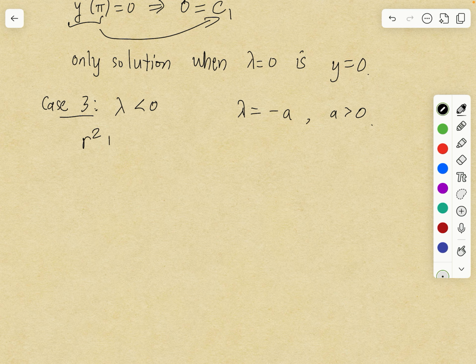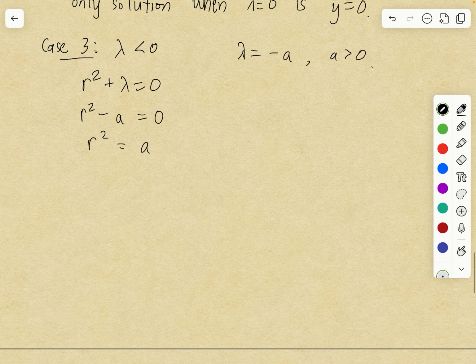We know it's r squared plus lambda equals 0. That's true in all the cases, because you have the same differential equation. So in terms of a, that's r squared minus a equals 0. A is positive, so r squared is a. So now you have r squared is a positive number, so you're going to get 2 real roots. You just get r equals plus or minus the square root of a.